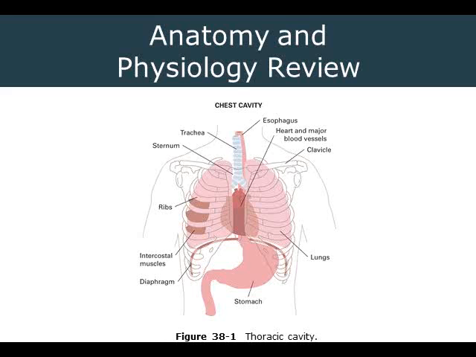Of course, we have the heart. The greater vessels are also found here, the superior and inferior vena cava and the aorta, as well as a significant number of other associated arteries and veins, the pulmonary tree and so on.